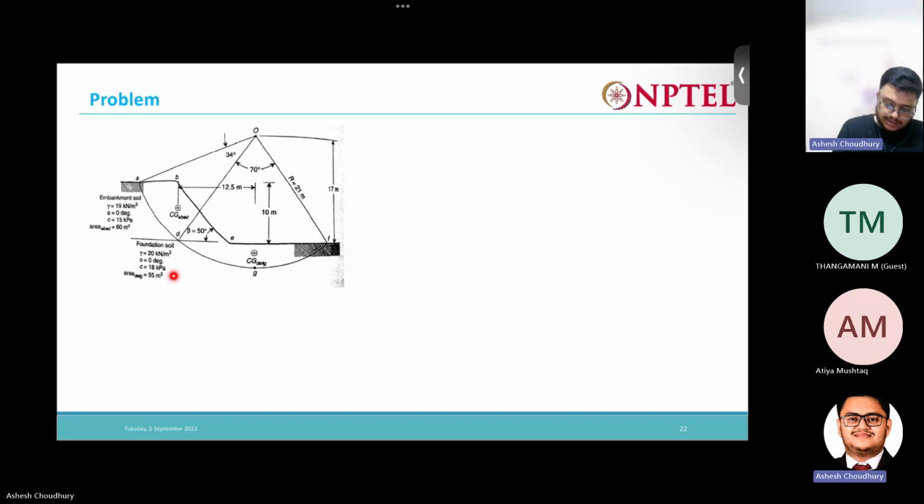First let us write down the weight of the wedge soil pieces. The weight of ABED is nothing but the unit weight, 19, times the area. The area of ABED is given as 60 meters square.